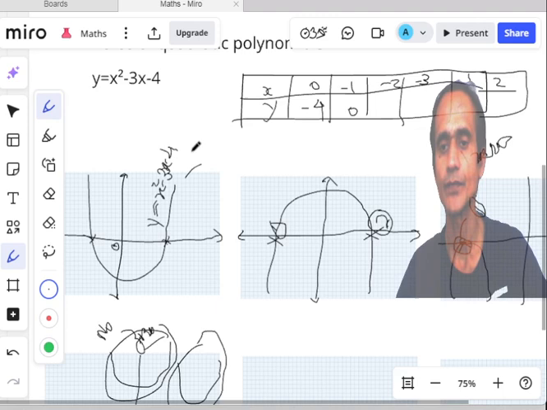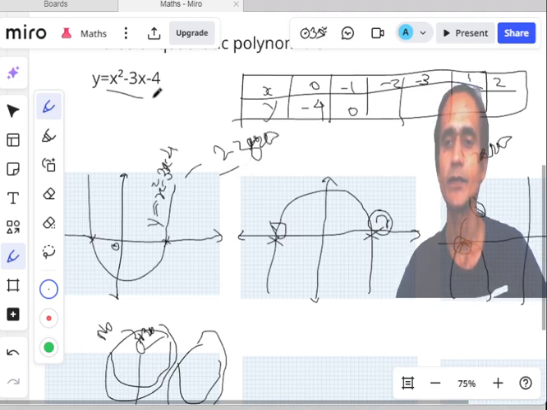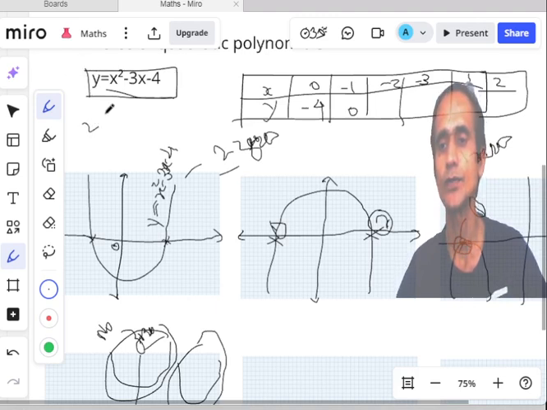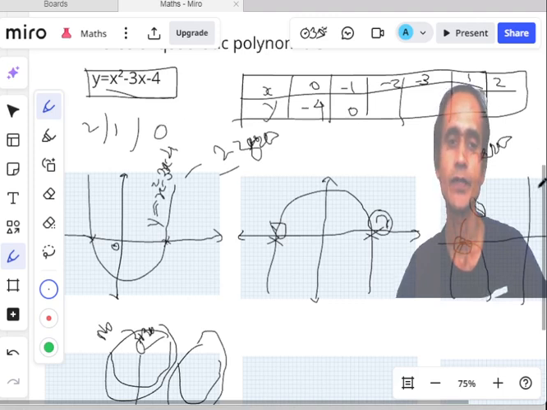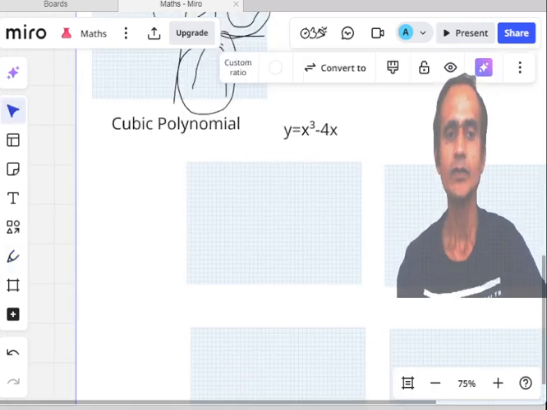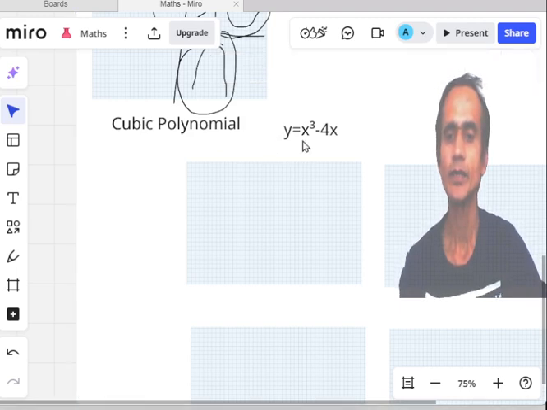Here we have two zeros. So depending on the quadratic equations, a quadratic polynomial can have two zeros or 1 zero or no zero, whereas a linear polynomial can only have 1 zero. Now let us take a cubic polynomial.